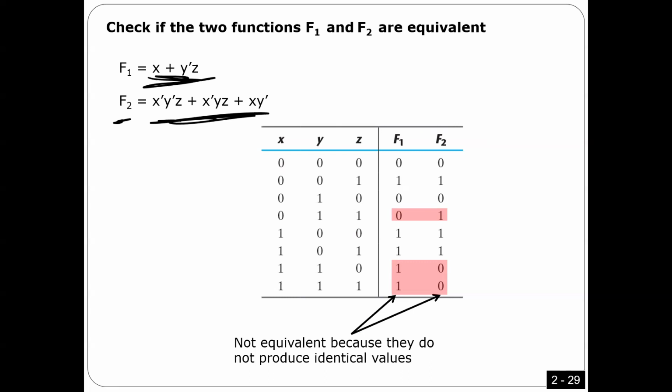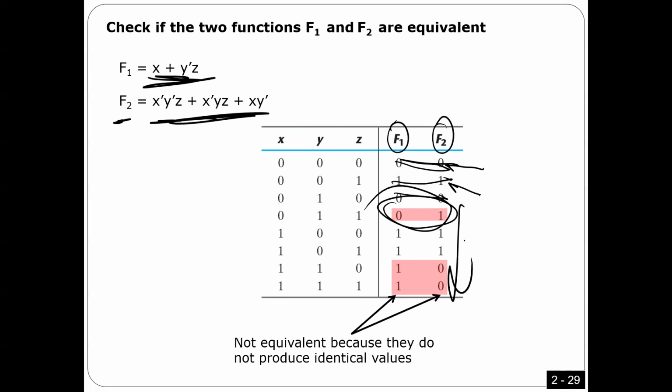So I have to calculate f1 and f2. It's obvious here these are not equal, because this record is okay, this one is okay, this one okay, but I found one difference. If you find only one difference, you don't need to continue. If only one row is not the same, my answer is that the two functions are not the same. Okay, guys, you understand what I'm saying?